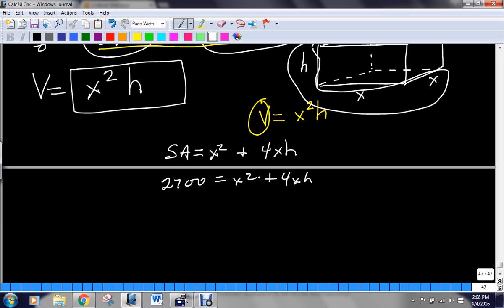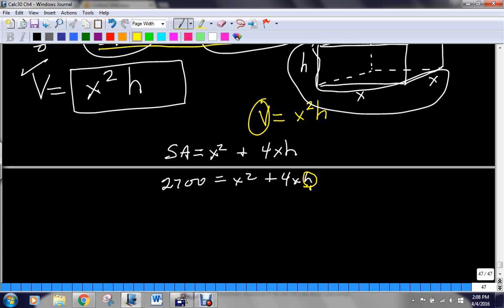Now what we want to say is, I've got the volume that I want to be maximized, but I've got 2 variables. I want to get that down to 1. So I need to express either x or h in terms of the other variable, so I can have 1 variable only. Looking at the other information given, I can pretty easily solve for h here.